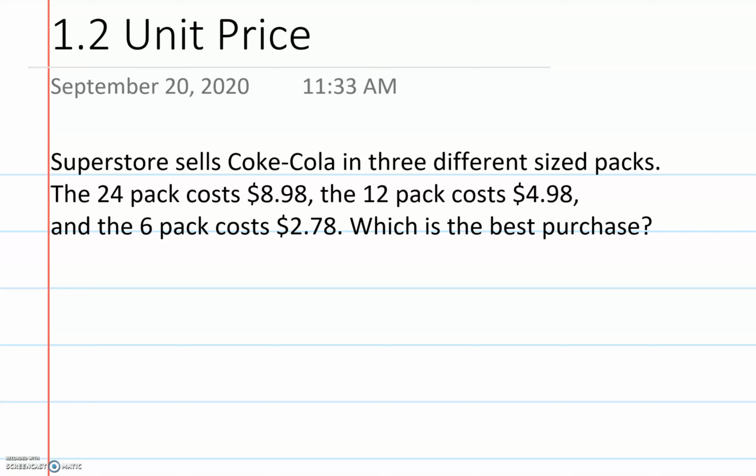So let's just make ourselves a little chart here to help us out. 24 cans equals $8.98. Okay, that's the one situation. So let's just try to figure out how much it costs per can. So we're setting up just like the other one, we want to know the cost in dollars per one can.